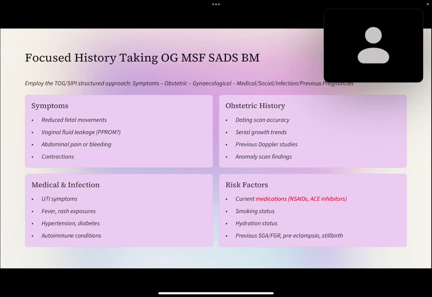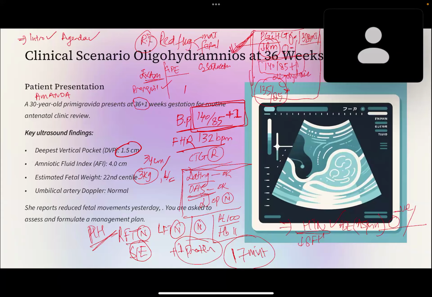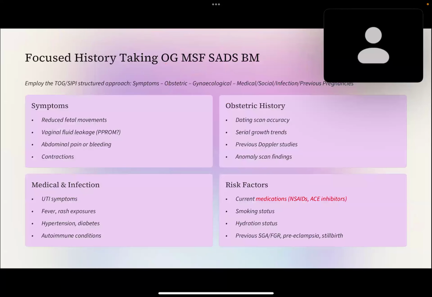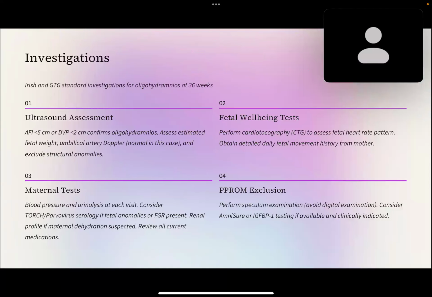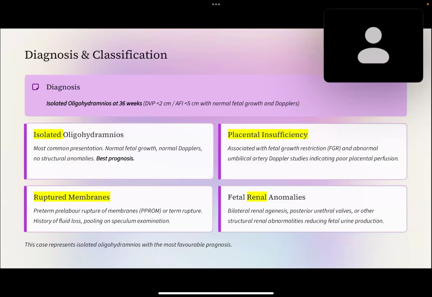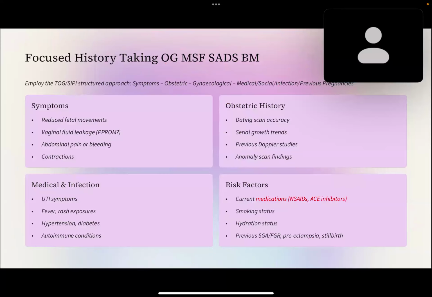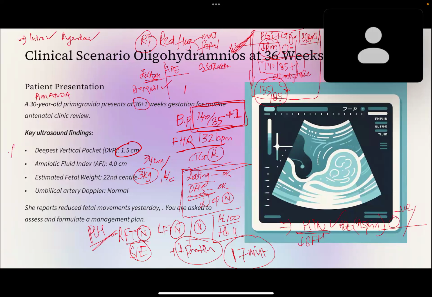It could be cord compression because of the reduced liquor. Could be meconium aspiration. And after birth, the baby could have problems with respiration. And there is a possibility of stillbirth if there is prolonged labor.